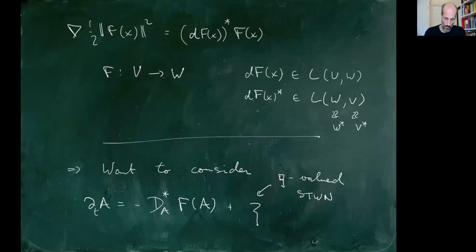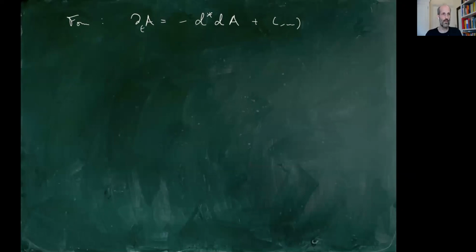Now, the problem with this equation is that there's a very basic problem here, which is that it's actually not elliptic. The reason is that the form of the equation is something like dTA is equal to minus d star dA, plus additional stuff where you only have at most one derivative.